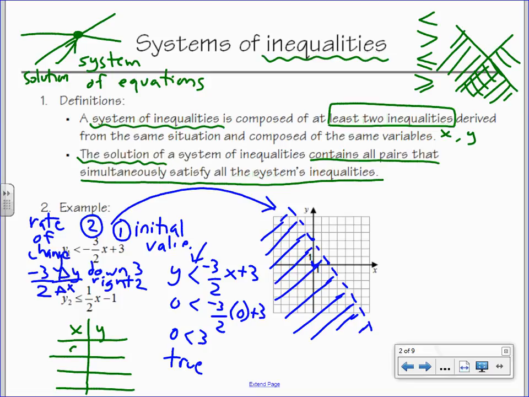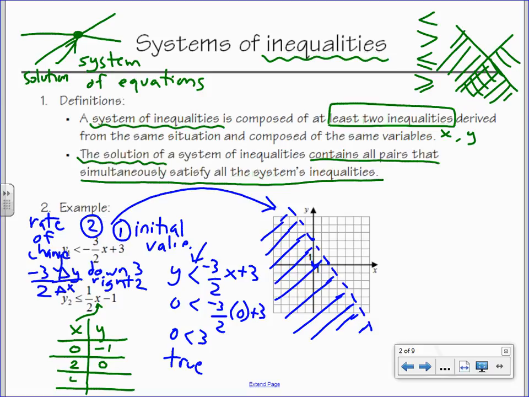So for example, if x is 0, I plug my x value here. 1 half times 0 is 0, minus 1 is minus 1. If I put 1 for my x, it's going to give me 1 half. It's not really nice. I'm going to put 2 for my x. So 1 half times 2 is 1, minus 1 is 0.